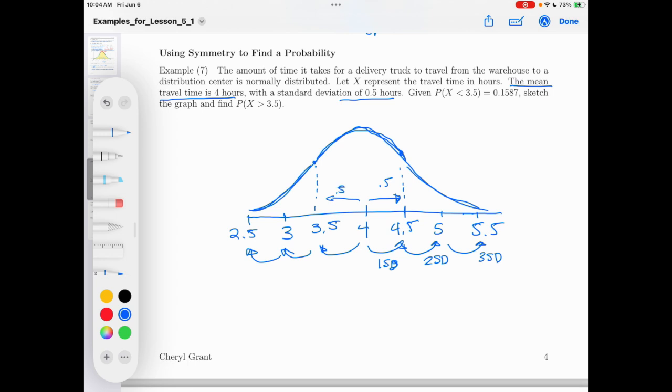Now it tells us that the probability that X is less than 3.5 is 0.1587. So less than 3.5 would mean I'm looking at this shaded area right here. That's the area under the curve that's less than 3.5.